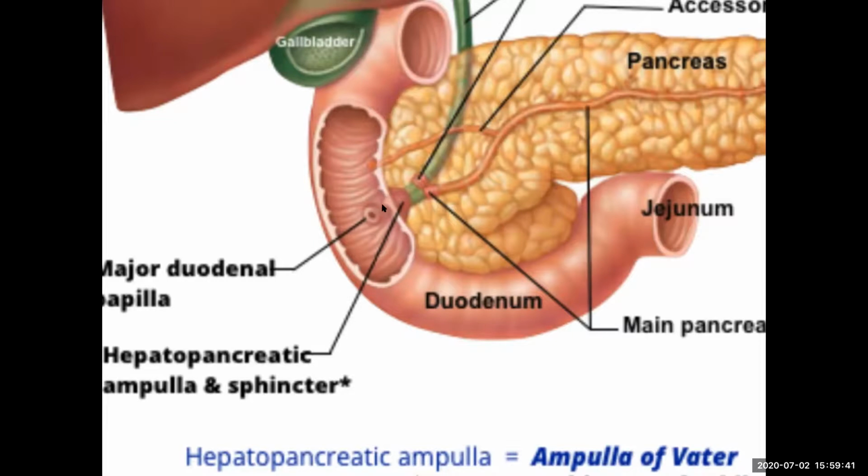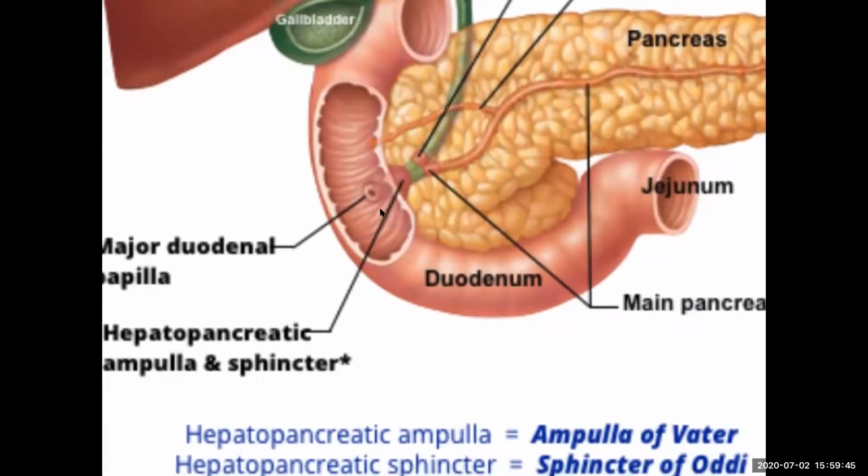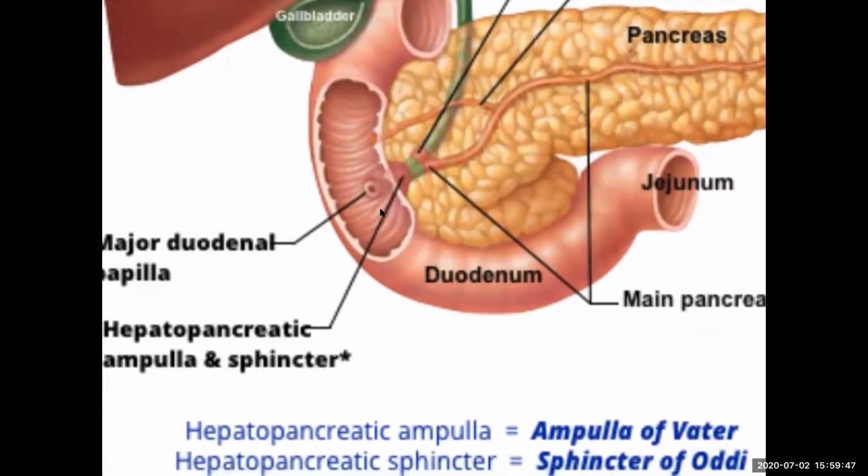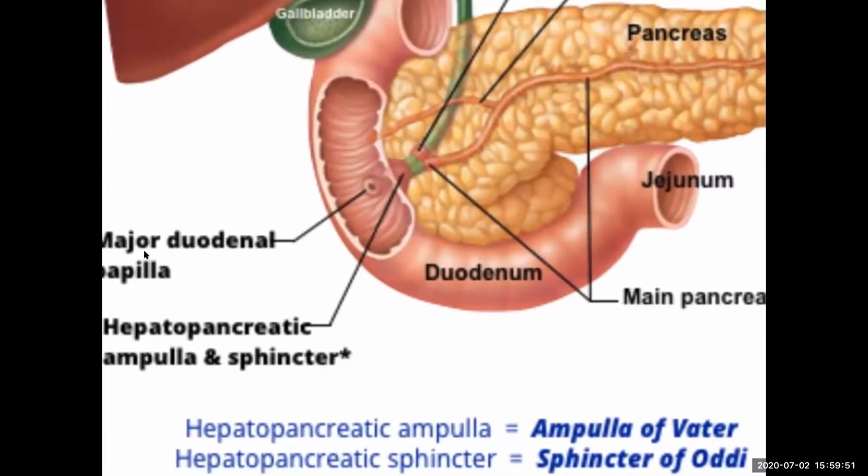That's the hepatopancreatic sphincter, also known as the sphincter of Oddi. And then the major duodenal papilla is the raised bump. When you view from inside the duodenum, you can see there's a raised bump on the surface of that intestinal wall, and that is known as the papilla.